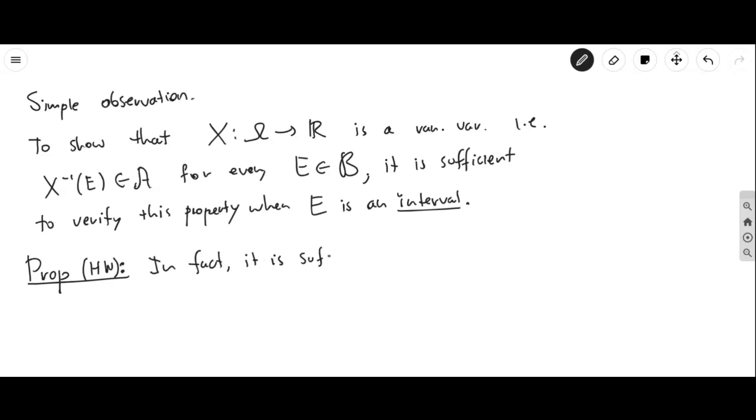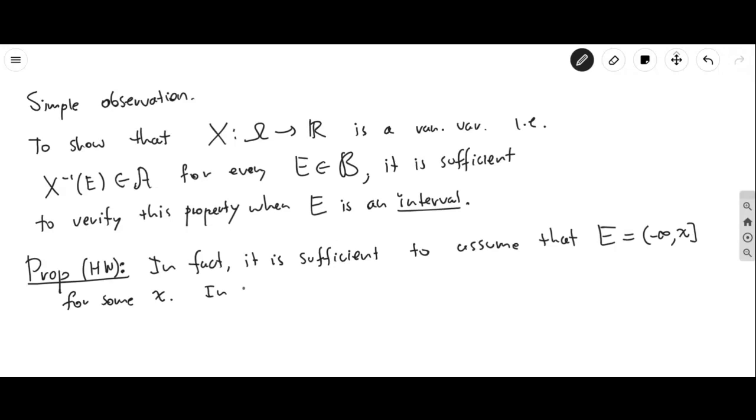In fact, it is sufficient to assume that E is a very special interval. It's the interval from negative infinity up to some number x, for some x.